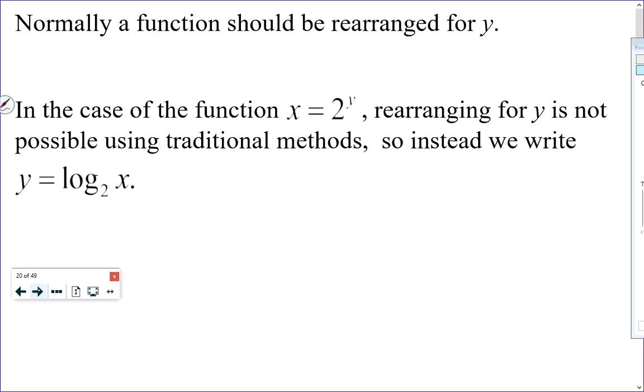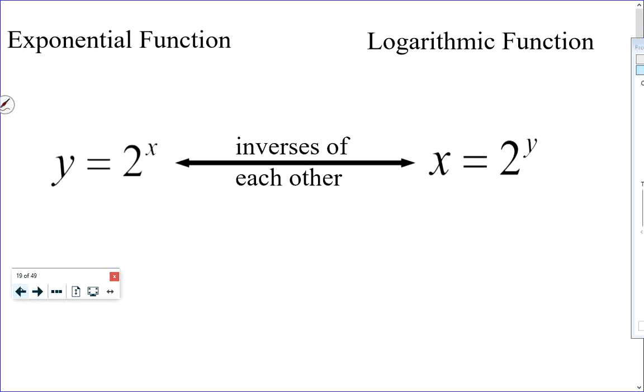So this is going to get muddy. These two expressions are not the same. They are inverses of each other. The one on the left is the exponential function. The one on the right is the corresponding logarithmic function.